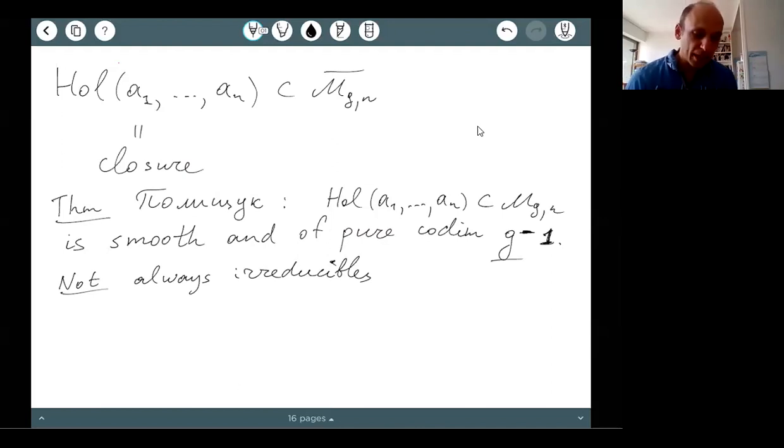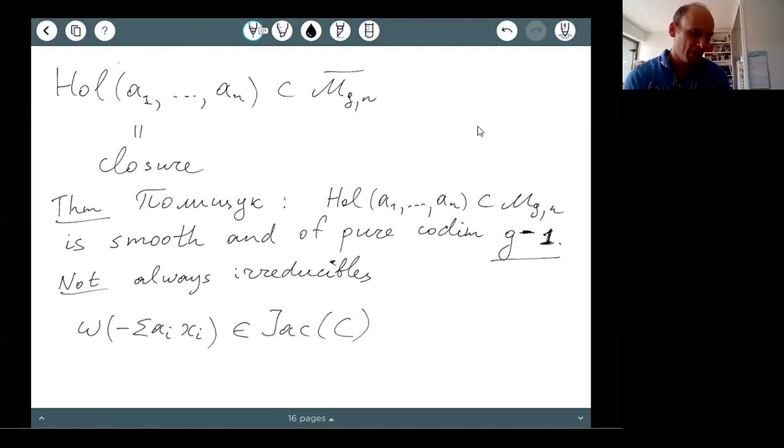And so g minus 1 is a little bit unexpected. What you might expect is a codimension g first, because you have this line bundle of degree 0. It corresponds to a point in the Jacobian of the curve.